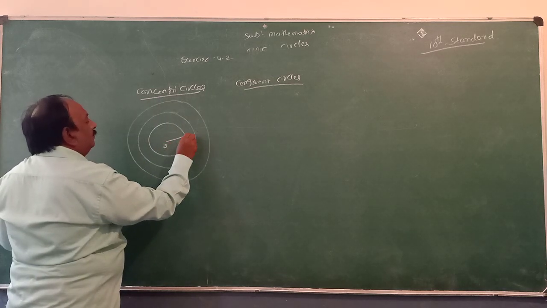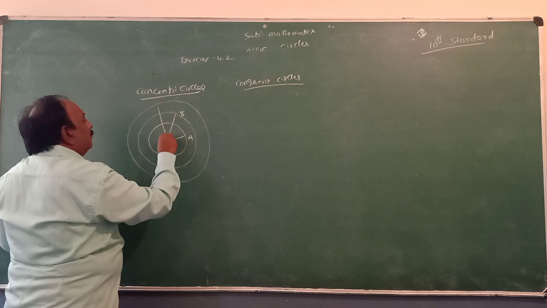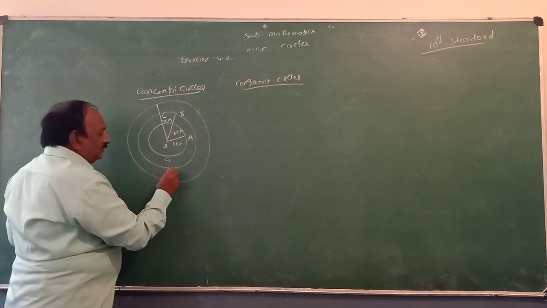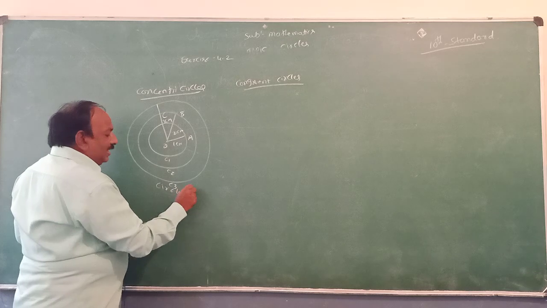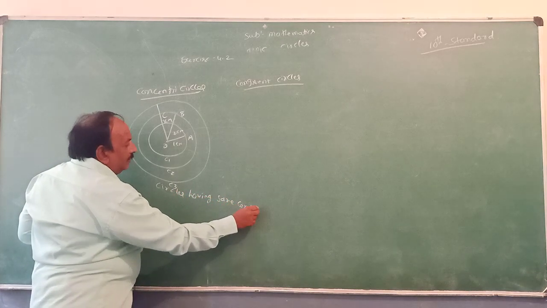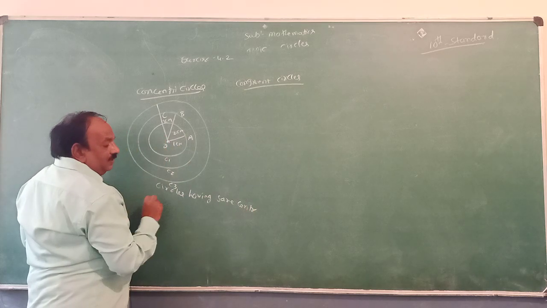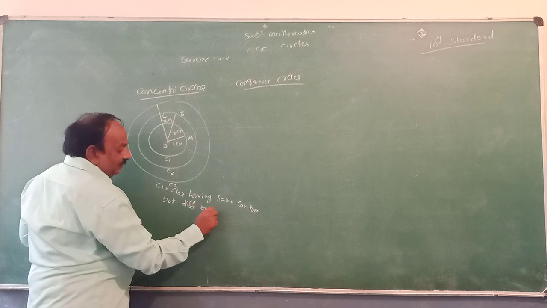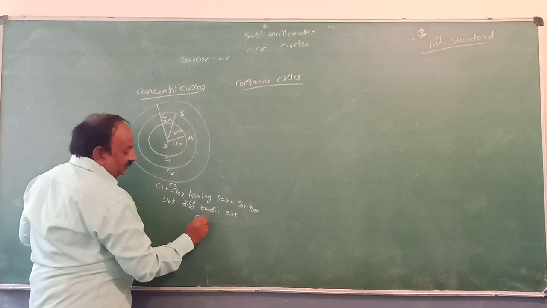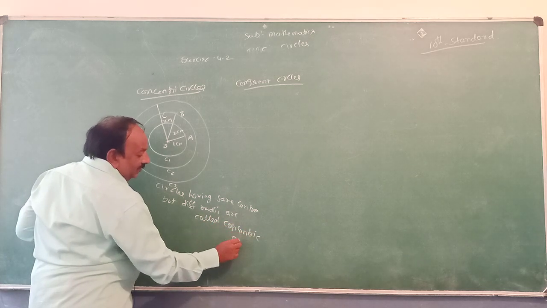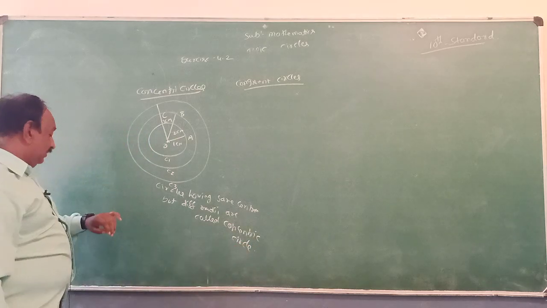OA, OB, OC: 1 centimeter, 2 centimeter, 3 centimeter. Circles C1, C2, C3. Circles having the same center but different radii are called concentric circles.